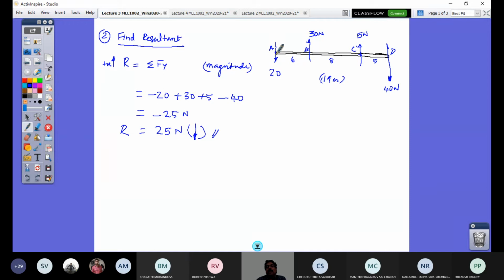So how do I find out that? For that you have to understand what is called moment of a force about an axis. So here this axis is perpendicular to this PowerPoint.